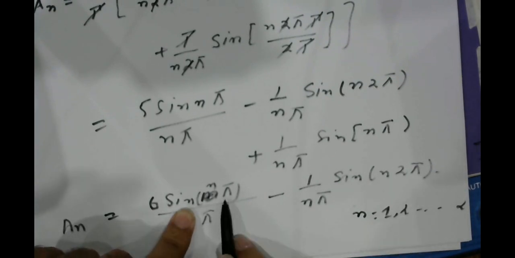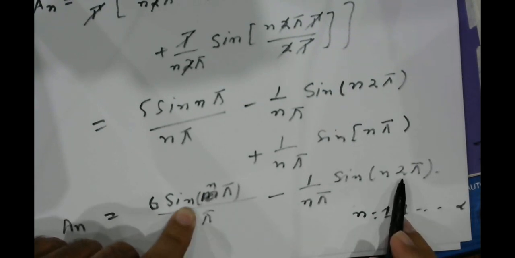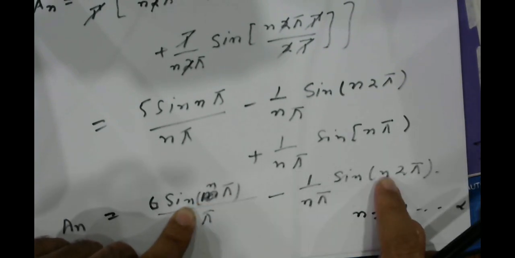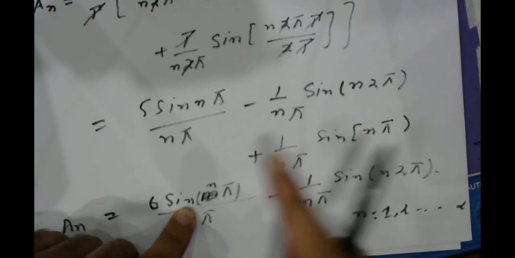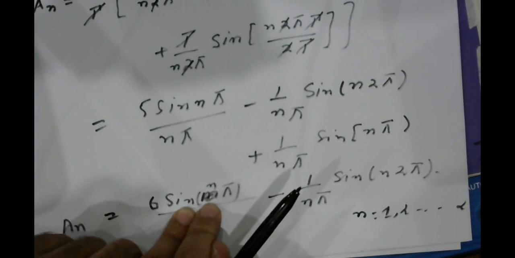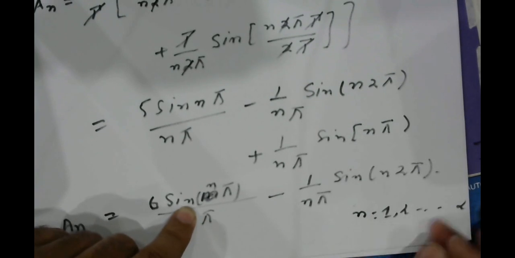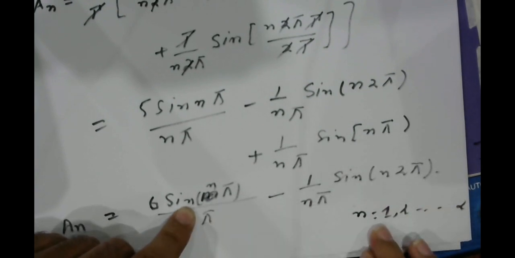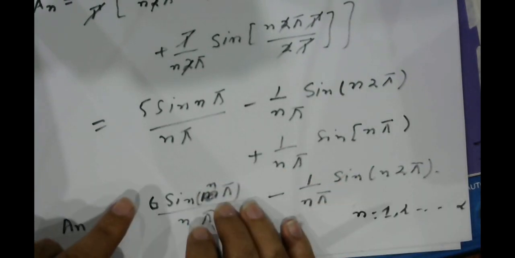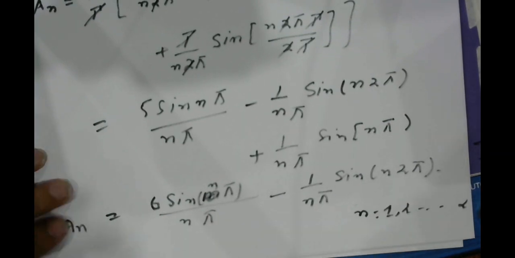If you put 3 over here, this becomes 3 pi, and this becomes 6 pi, and so on, okay. So sine pi is what? 0. Sine 2 pi is what? 0. Sine 4 pi is what? 0. Sine 3 pi is what? 0. Sine 6 pi is what? 0, and so on. Whatever integer value you put over here from 1 till infinity, you will get a n equal to what? 0, okay.